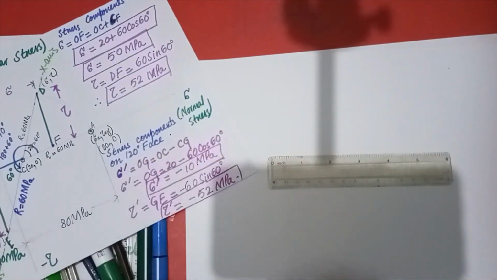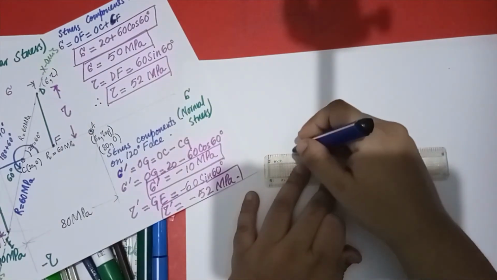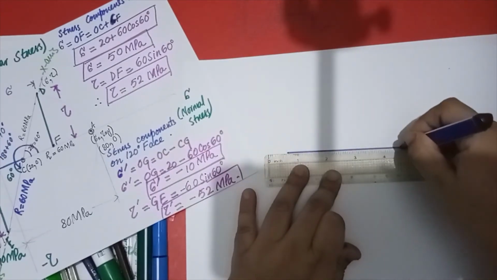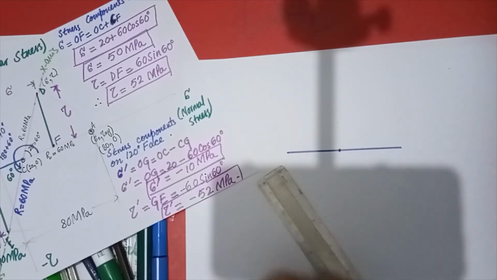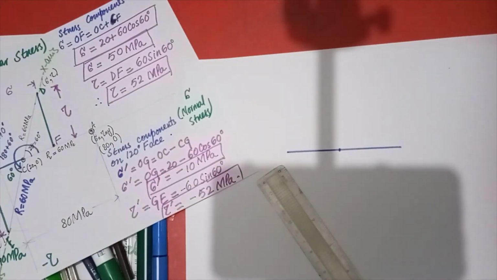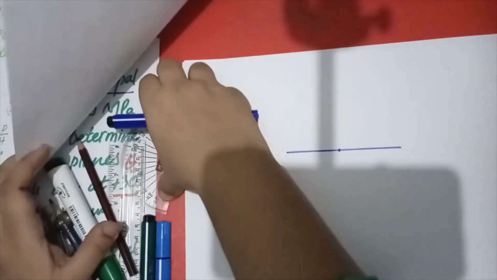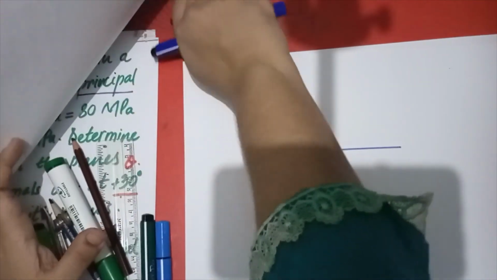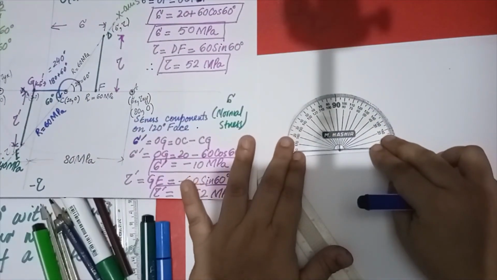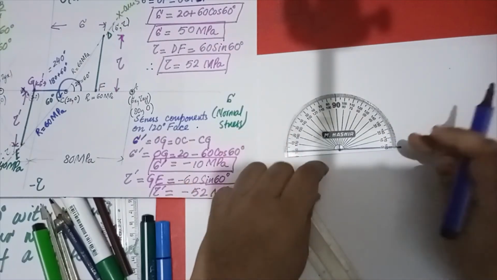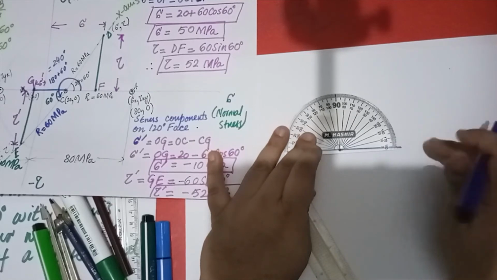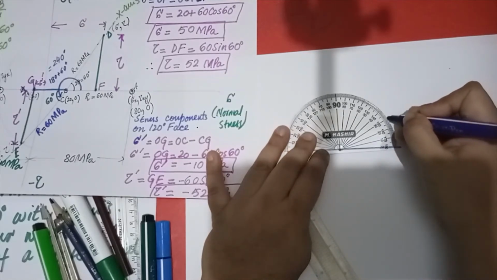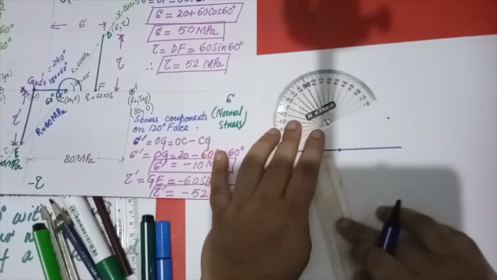For this purpose, you simply draw the line here, and anywhere you just put your protector. Where did I put it? This one. You just need to put your protector here and take 30 degree. Now on Mohr circle you have to take 60 degree, but on this differential element you have to take 30 degree.